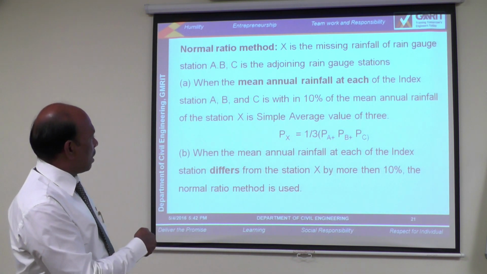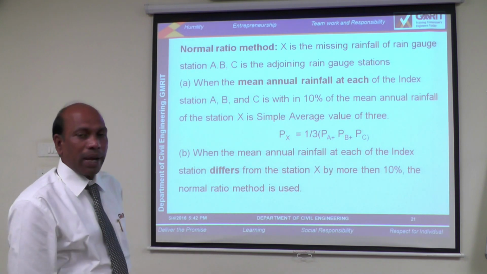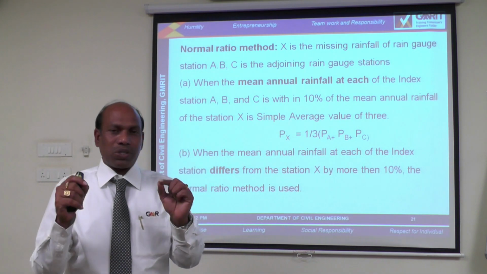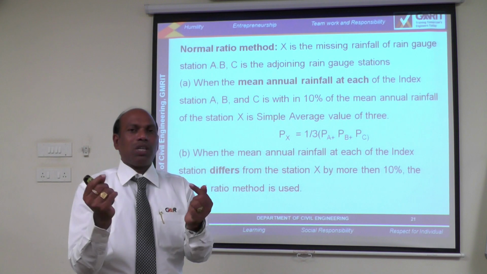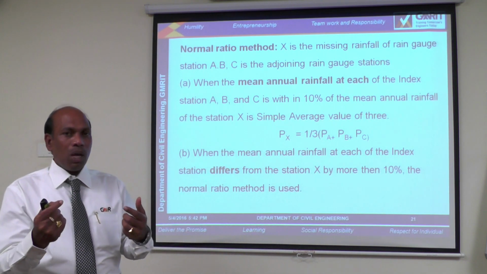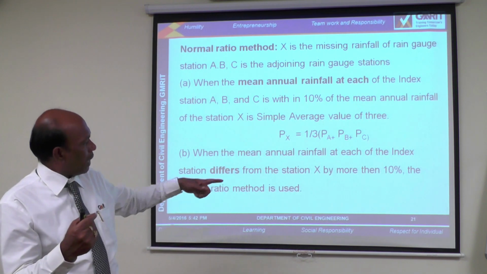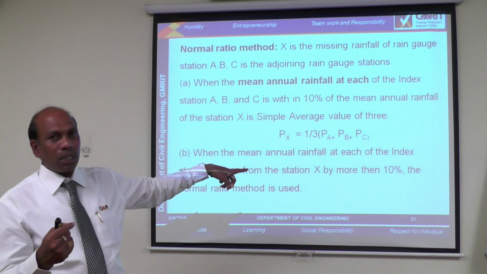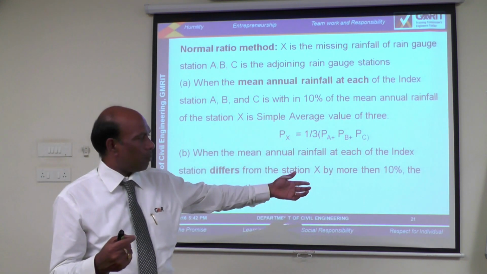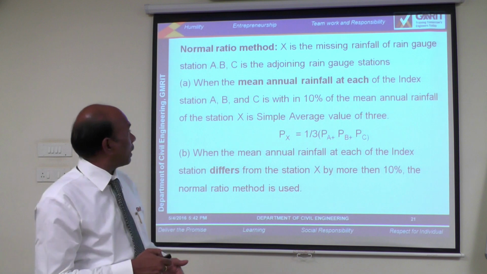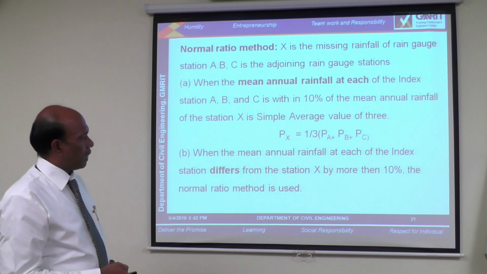In the other case, when the mean annual rainfall at each of the index stations, that means the nearest stations, differs from the mean annual rainfall of X, the missing rainfall station, by more than 10%, then we apply the normal ratio method.